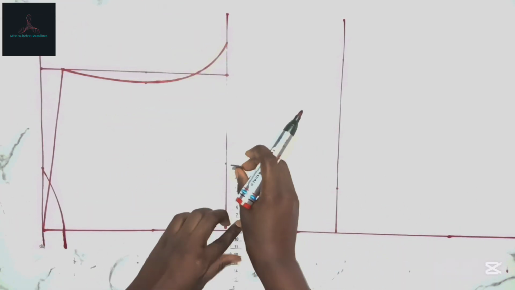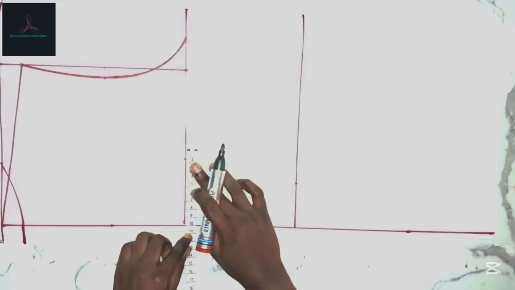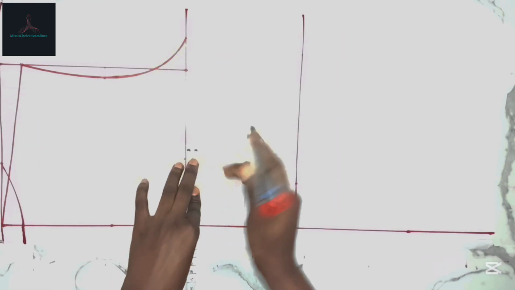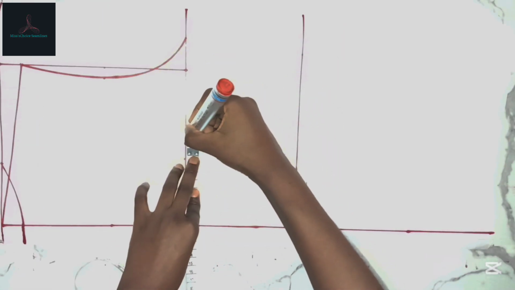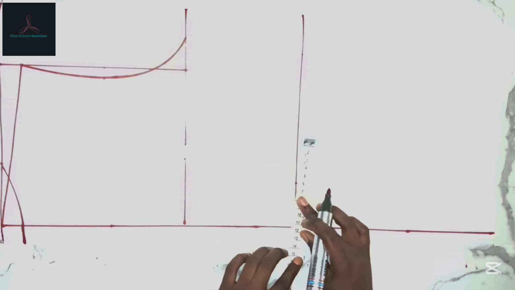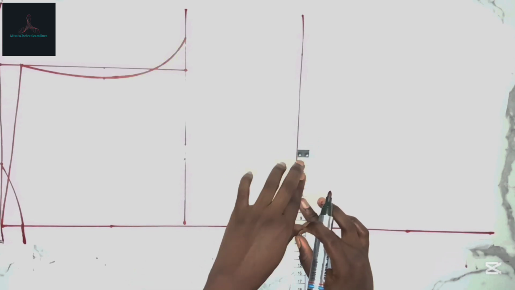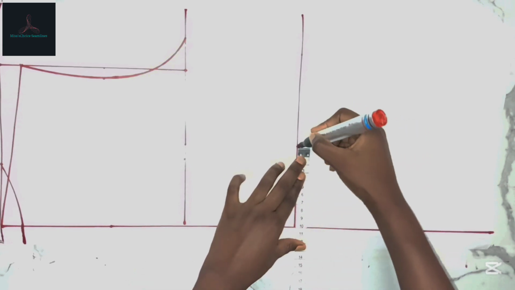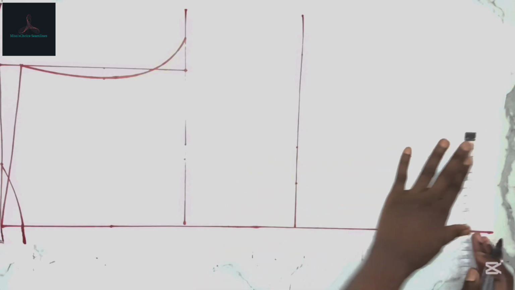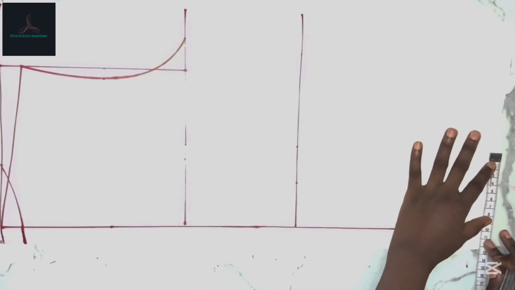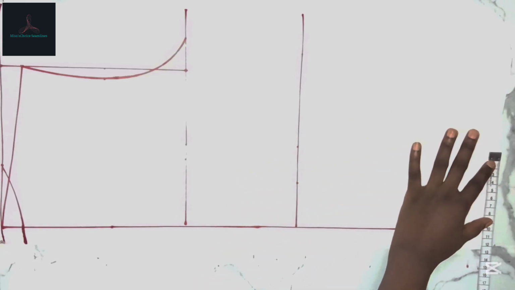On the chest line here, I'm going to go in by my bust span divided by 2, which is 4 inches. Also on the waistline, and on the hemline.